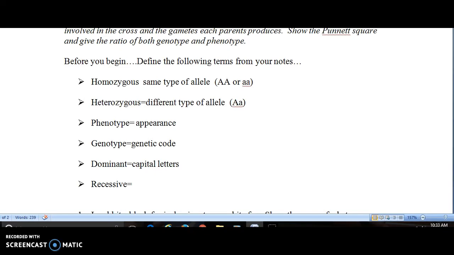And then the other type of trait you could inherit from parents is a recessive trait. Those are usually represented by lowercase letters. So like up here, the two lowercase a's would be a recessive trait. So those are some of the terms that they would use in problems.